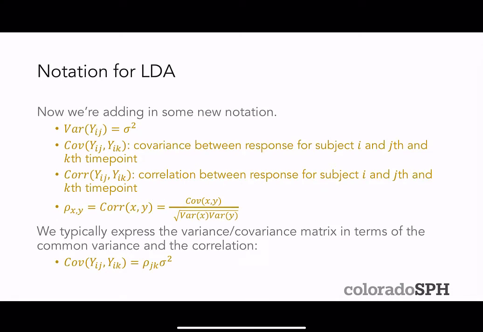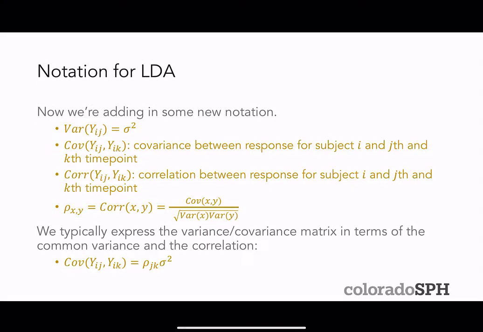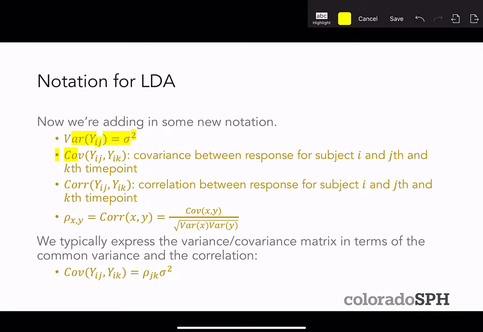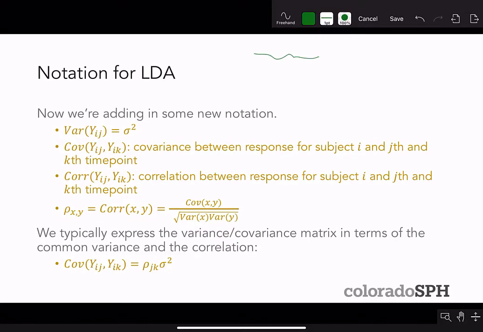So I'm going to add some new notation in as well. yij is a scalar, that's a single value. Generally, we treat the variance of any given value to be sigma squared, and that to be the same across all values.